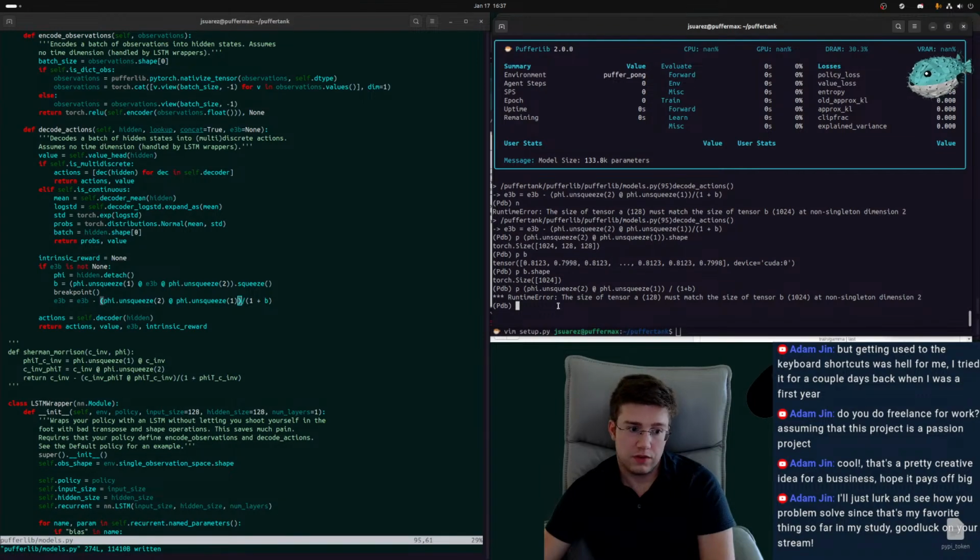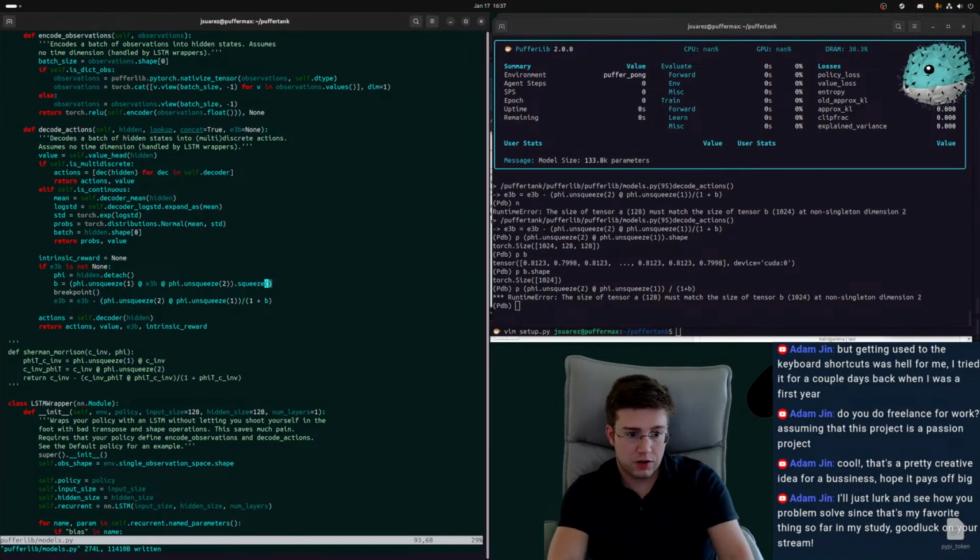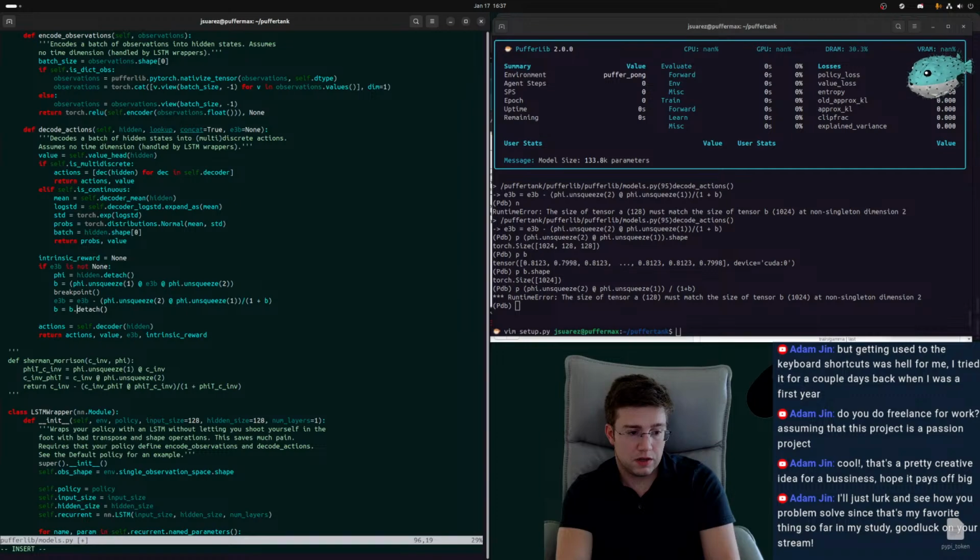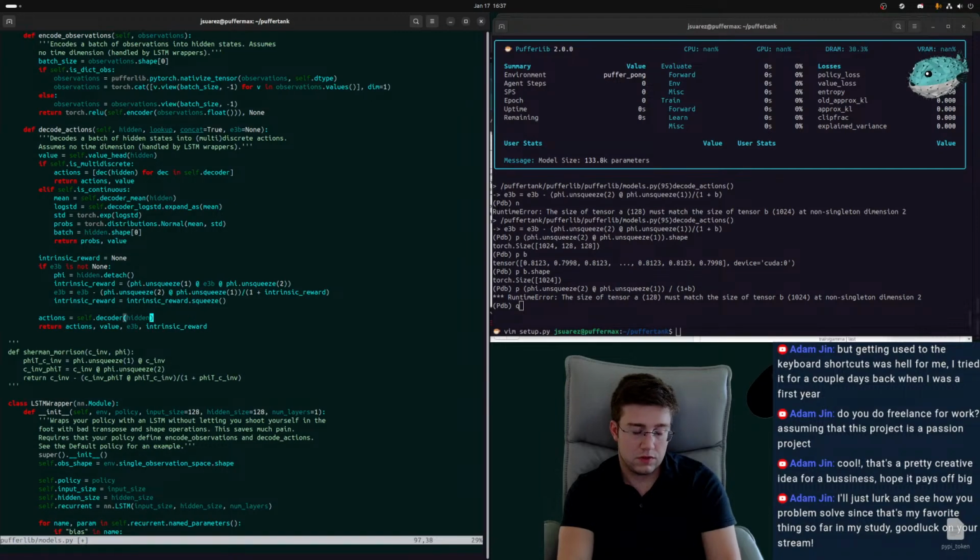And then what is this? Maybe this is dot squeeze. Maybe we get rid of this dot squeeze. B dot squeeze. Maybe this. I don't like calling this B. There we go.